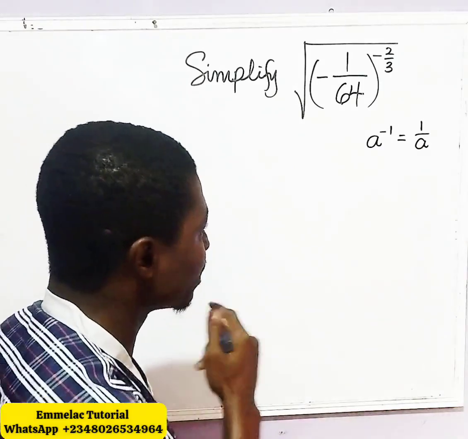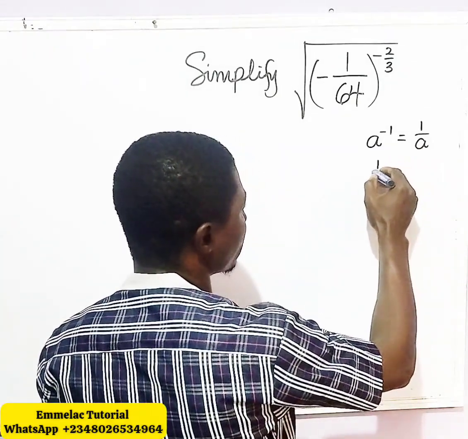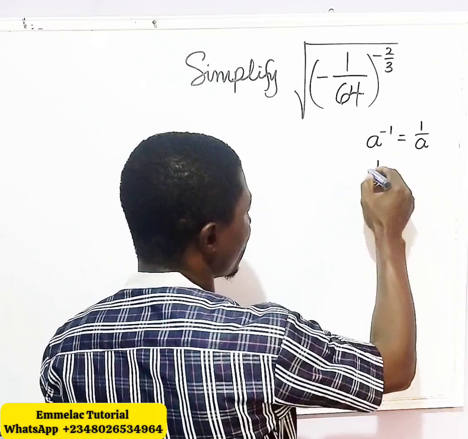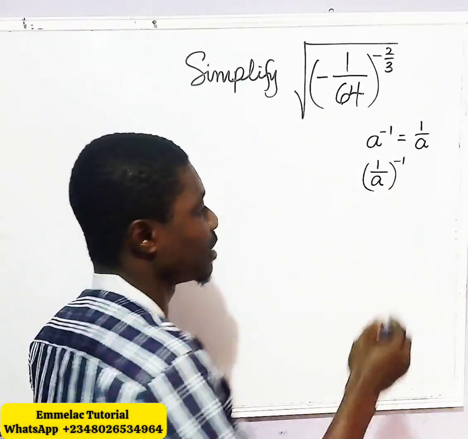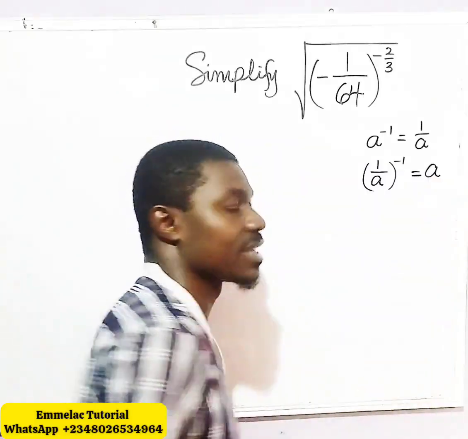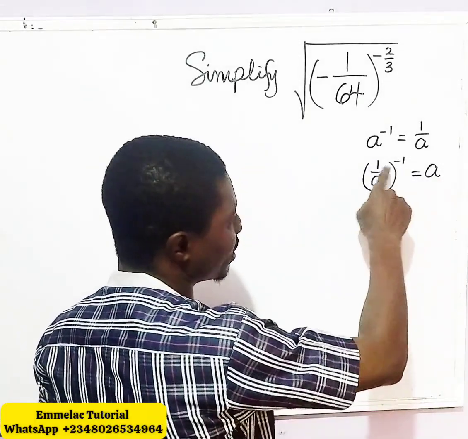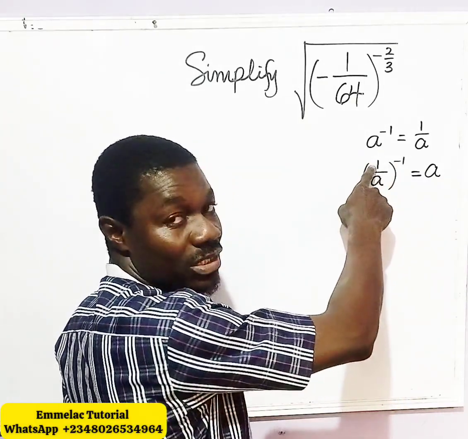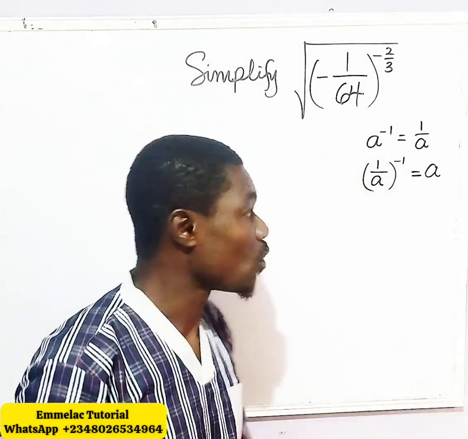And if you have 1 all over a raised to -1, it is the same as saying a. That's because this 1 here, which acts as a numerator, cancels out this -1.